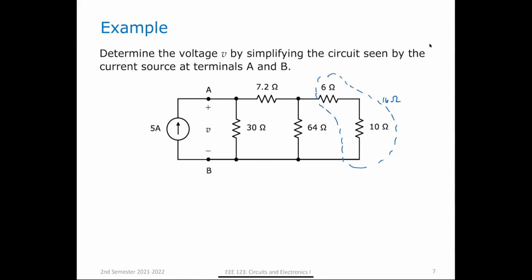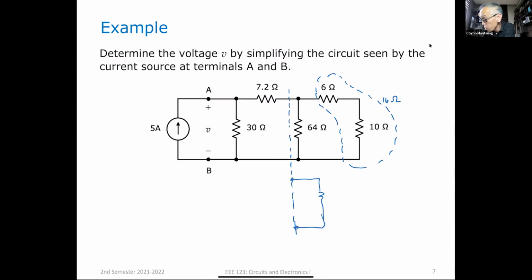No? So with respect now to these terminals, I wanted to replace this with a single resistor. This is going to be 16 ohms in parallel with 64 ohms. I need my calculator. I didn't solve this ahead.